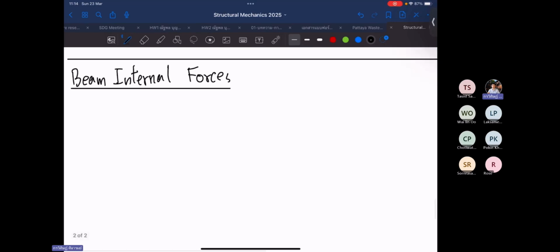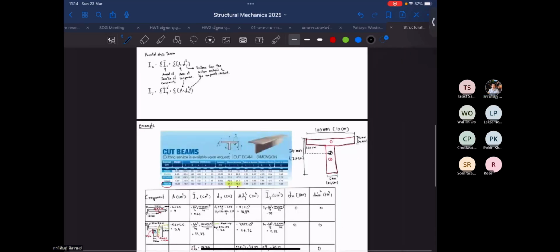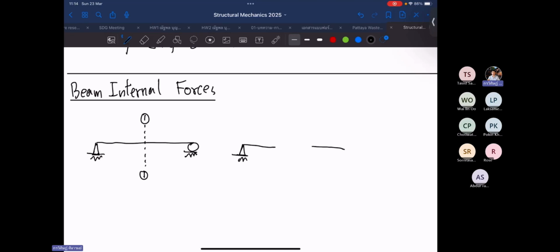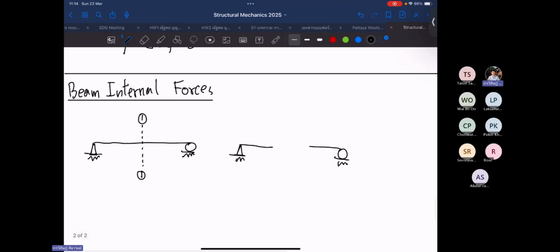Okay, for any beam, if we cut the beam imaginarily, then we will find out that there will be internal forces in the beam.